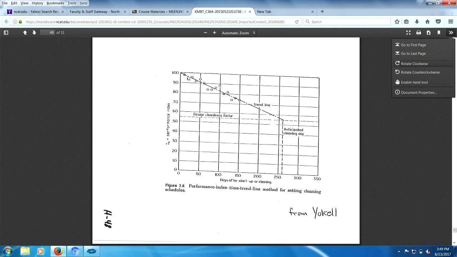You plot that with time, and then you say it's got dirty enough that I need to clean. Then you decide what's acceptable performance. You define acceptable performance, and that specifies the day that you clean. Got it?